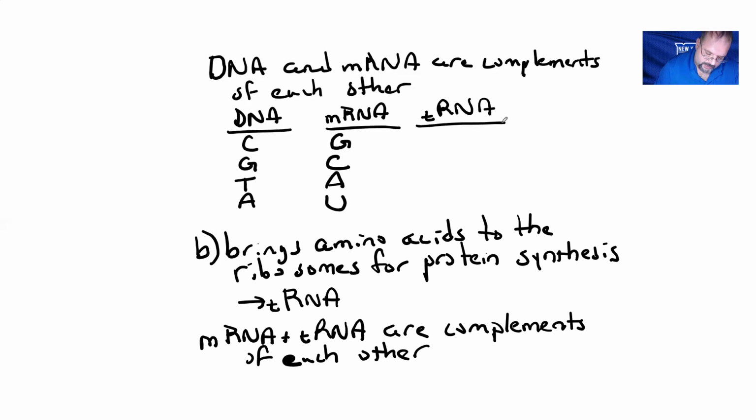If your messenger RNA contains guanine, your transfer RNA is going to contain cytosine. If your messenger RNA contains cytosine, your transfer RNA is going to contain guanine. If your messenger RNA contains adenine, your transfer RNA is going to contain uracil, right? No thymine. And if your messenger RNA contains uracil, your transfer RNA is going to contain adenine, because messenger RNA and transfer RNA are complements of one another. Letter C.